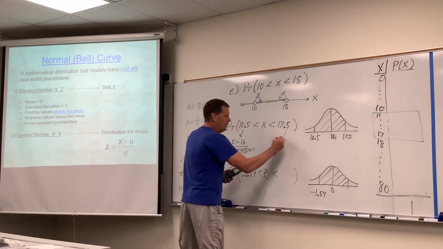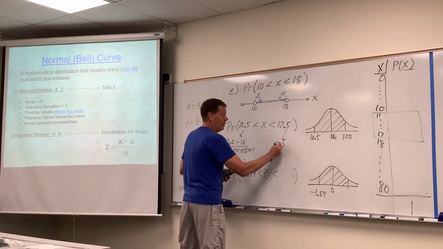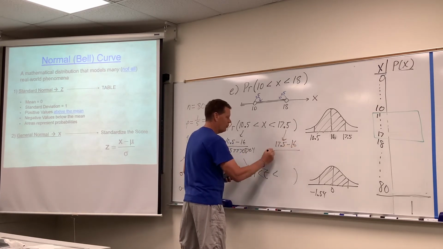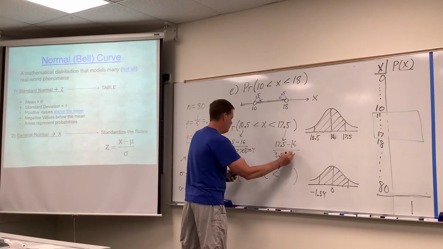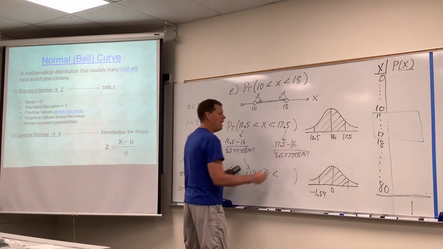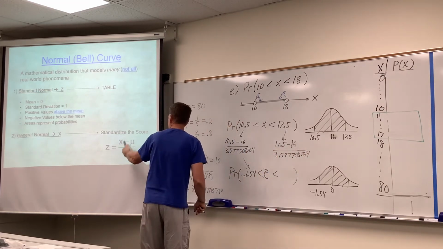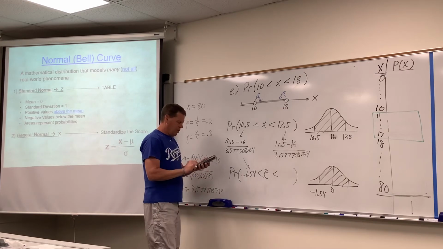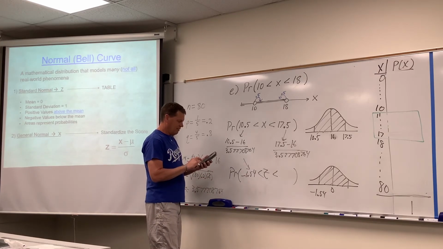Race me if you want, or hit pause and work it before I do and see if you get the same thing. You're probably able to beat me. But this would be 17.5 minus 16, x minus mu over sigma. So that would be 1.5 divided by 3.5777708.